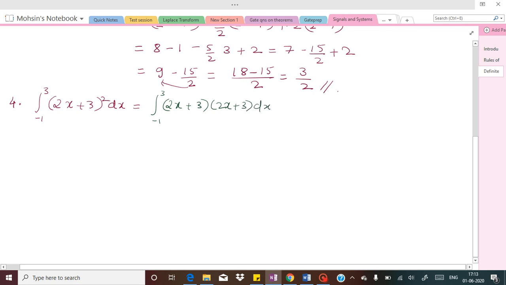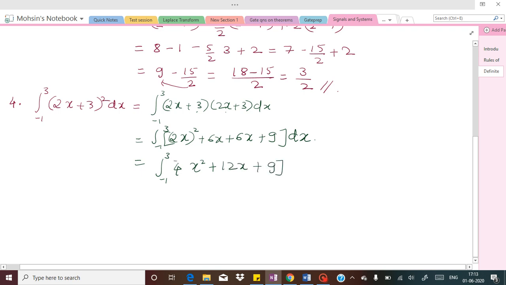Multiplying the 2x first term with this expression and the second term with this expression, we get 2x into 2x, 2x², plus 2x into 3 is 6x, plus again 6x, plus 3 into 3 is 9, dx. So 2 squared is 4, and it is 4x², plus 6x plus 6x is 12x, plus 9. This is the simplified polynomial.